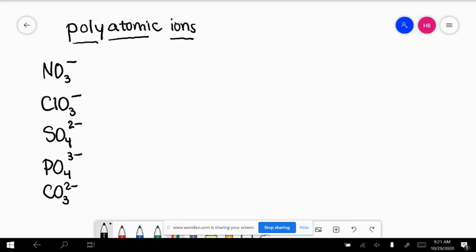Let's form some compounds with these. So nitrate has a charge of -1. That's what that dash means. It actually means a charge of -1. So when you're looking to figure out how many cations to put in front of these anions, remember, cations always written first, you would use that negative charge.